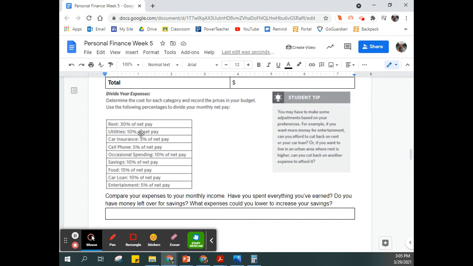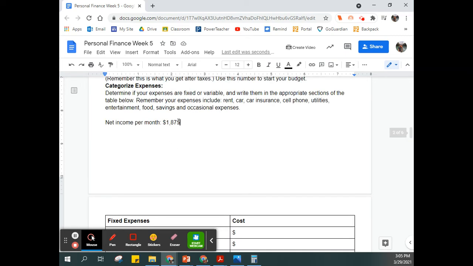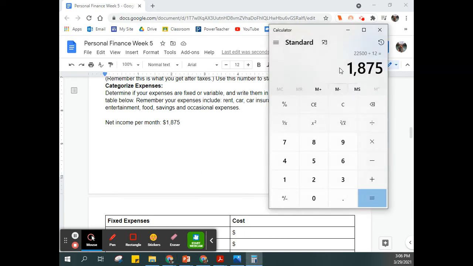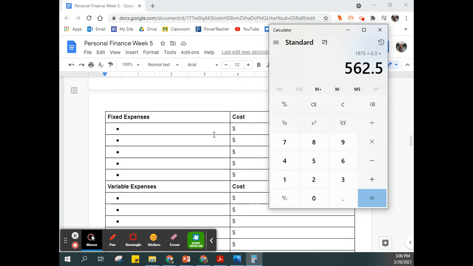Okay, so rent is 30% of your net pay. That's a good approximation for what your rent should be. So if your net pay is $1,875, take $1,875 times 0.3. So our rent is going to be $562.50 per month. Is rent a fixed or a variable expense? Well, since rent is not changing one month to the next, it is going to be a fixed expense.